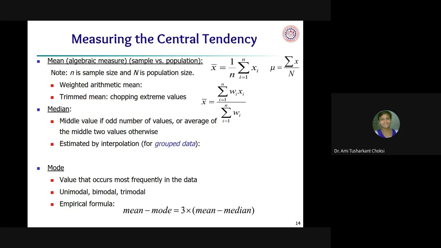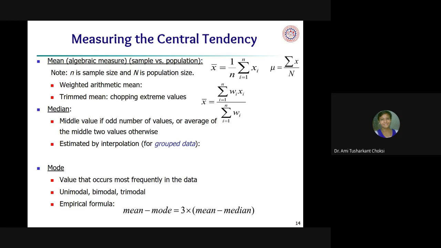Fine. Second is median. That is the middle value if an odd number of values are available, or otherwise the middle of two values. Okay, it can be estimated by interpolation.